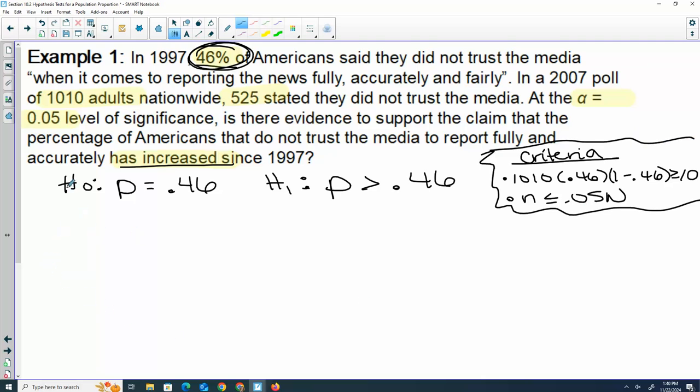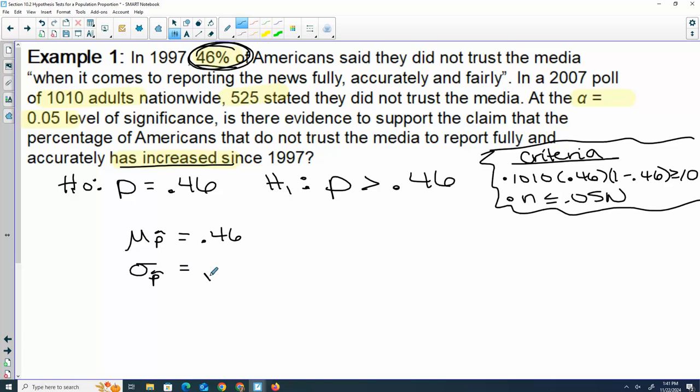Right, if I'm going to find a Z, I need a few things. We're going to have the mean and standard deviation for our p-hat. What is the mean? 0.46. It's our population proportion.